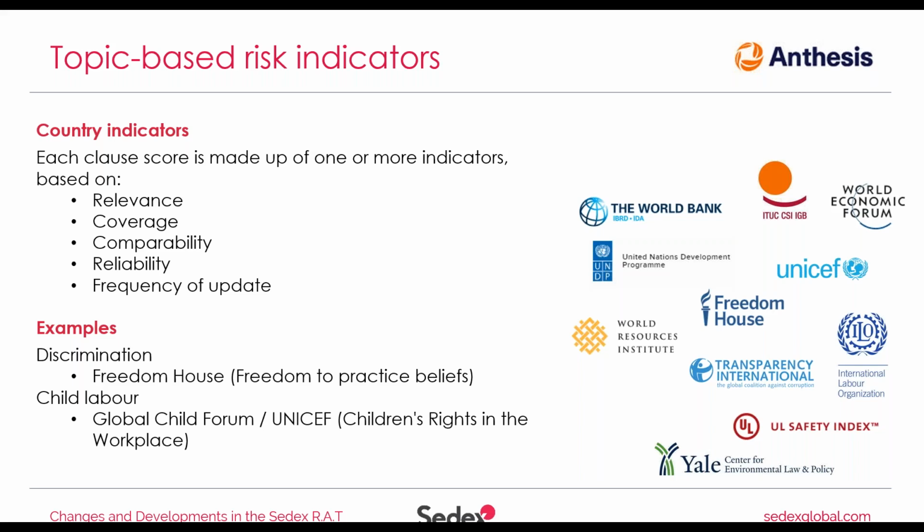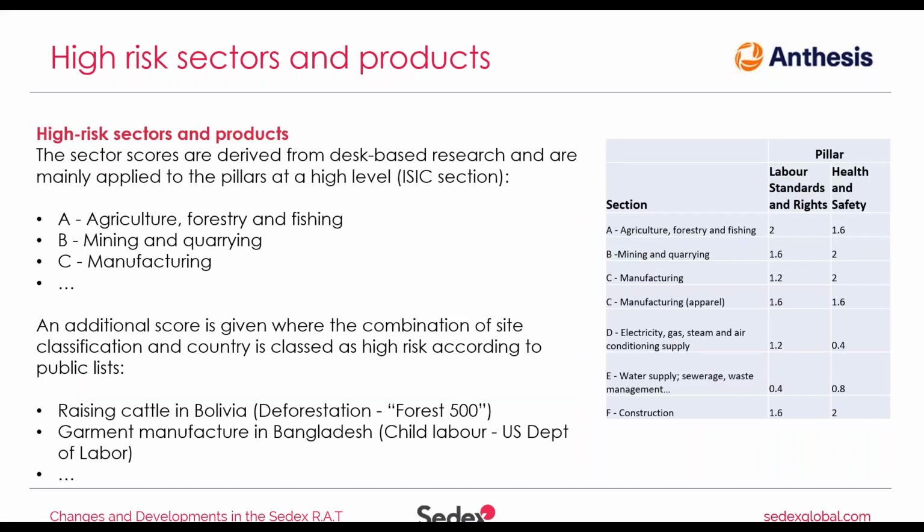Moving on, I'm just going to talk a little bit more about the high risk sector and product. I mentioned at the beginning that along with the country score and the sector score to make up the inherent risk score, you could get these little booster points. It's only between 1 or 2 points.